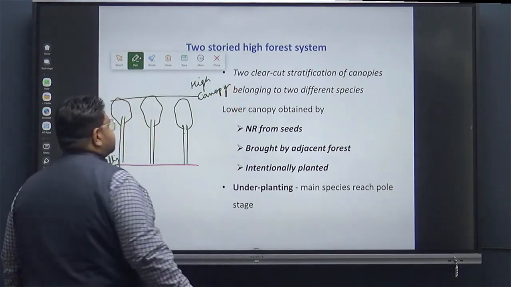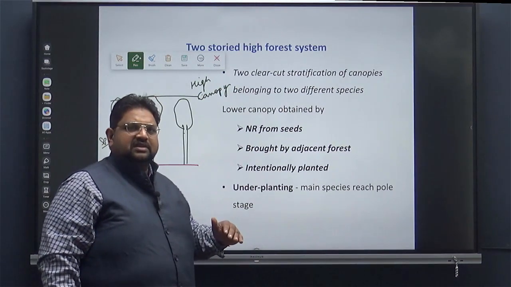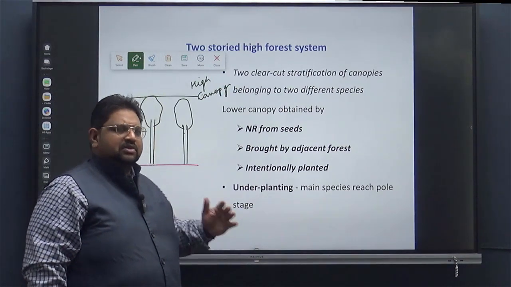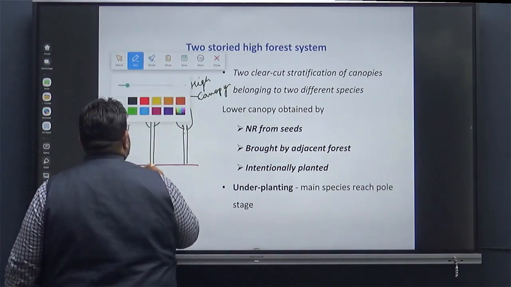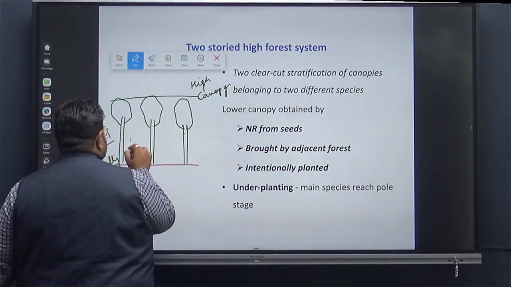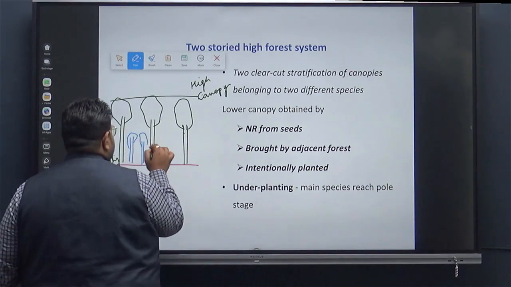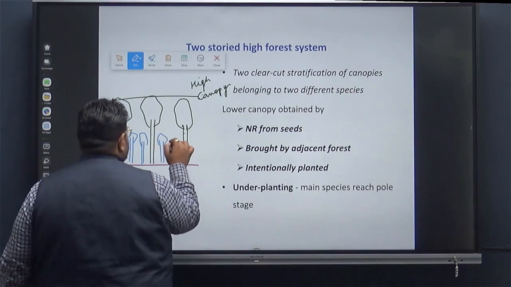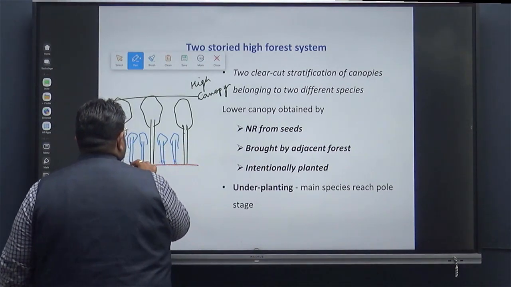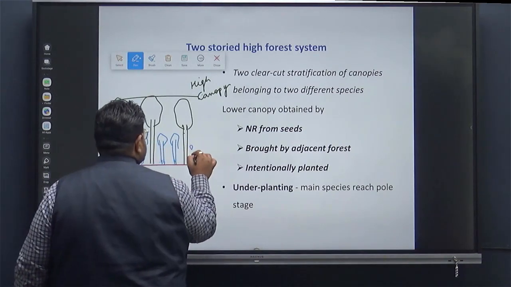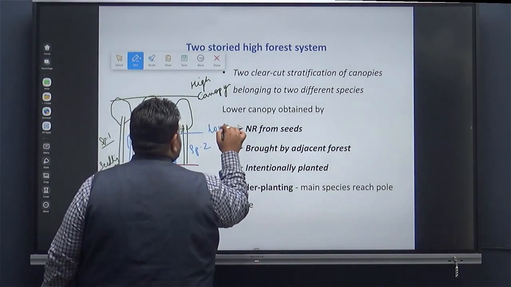And after some time, we will establish the trees which belong to the lower canopy, which will be of a different species. So this is species 2, and this is the lower canopy.